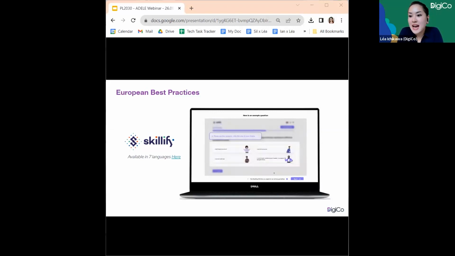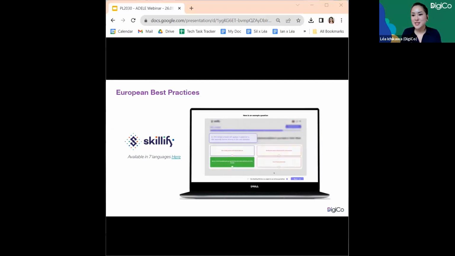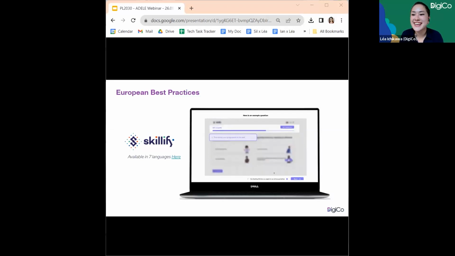And last but not least, as a European organization, I want to emphasize that it's so important to share knowledge the same way we're doing it now. Share knowledge, share the best practices. In this way, we can really influence each other in a positive way, make sure that the digital divide is decreased.